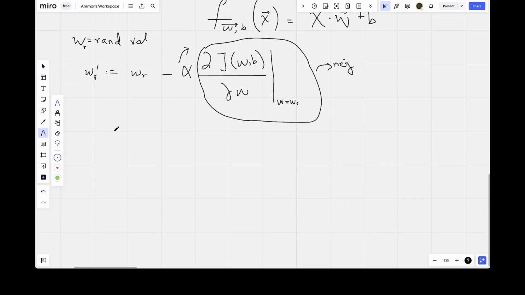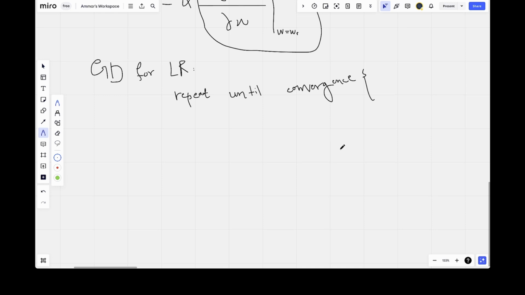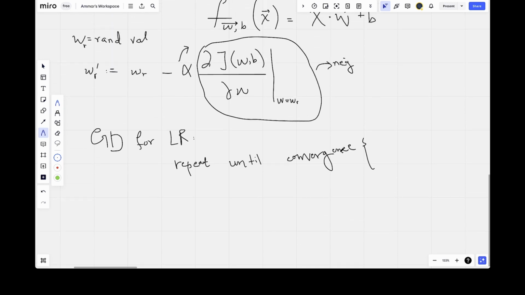So that's what gradient descent does. In summary, gradient descent is an algorithm. I'll just write GD for gradient descent: repeat until you have converged. I should talk about what we mean by convergence.